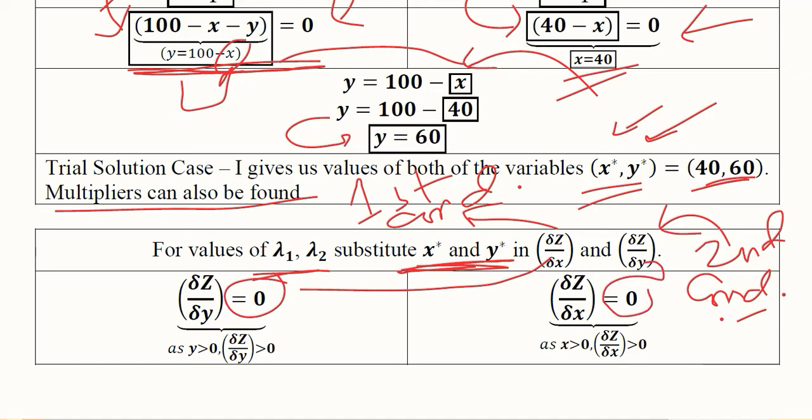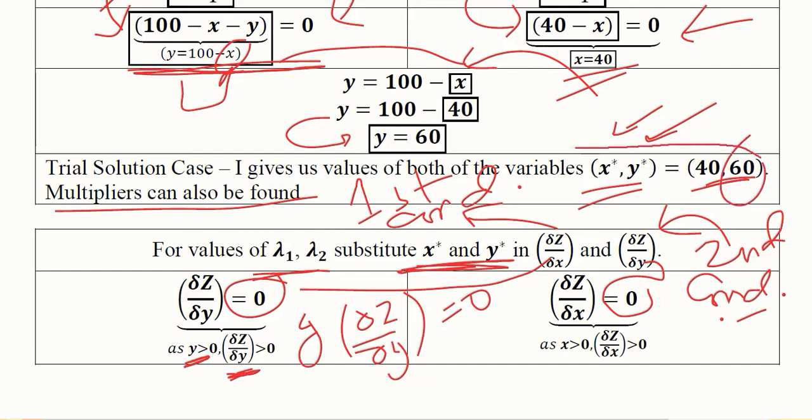This means that there is a positive value of y, due to which this value should be 0 for the complementary slackness to hold, that is, this product should be equal to 0. So y is positive. Why can we say this? Because y is 60. So y is already found to be positive.